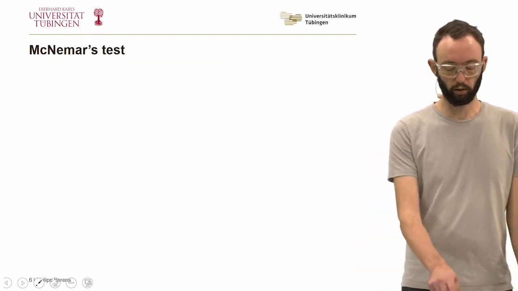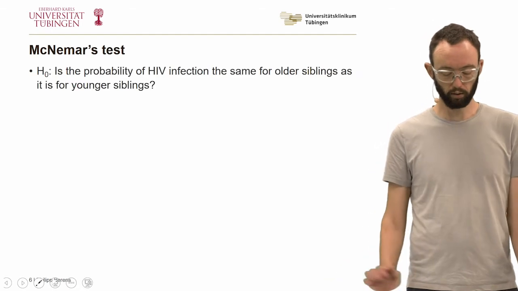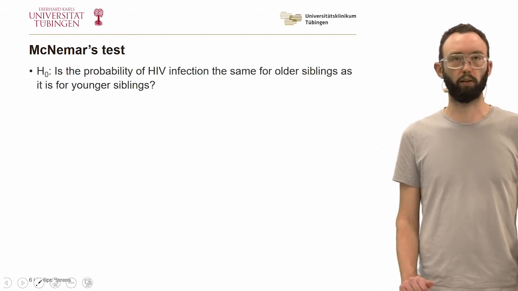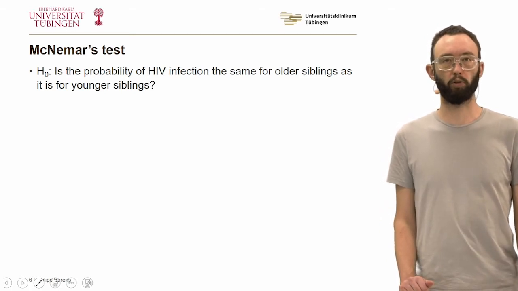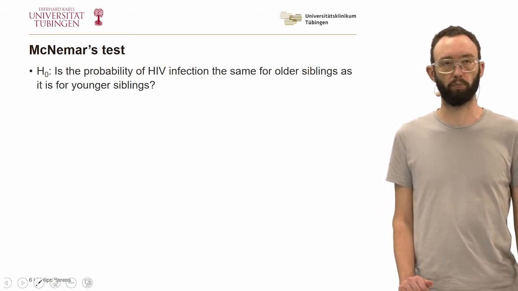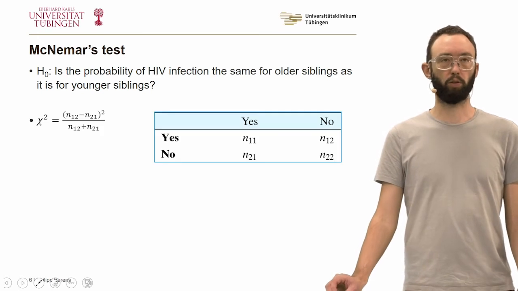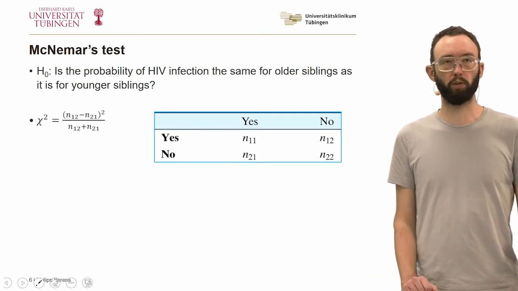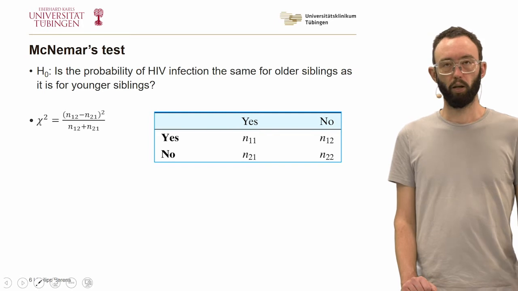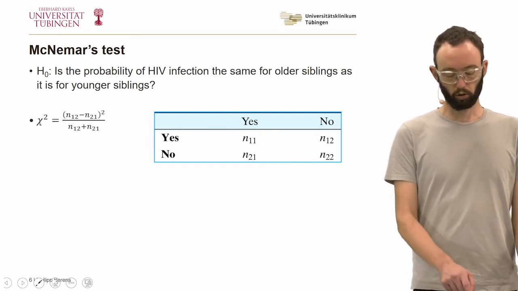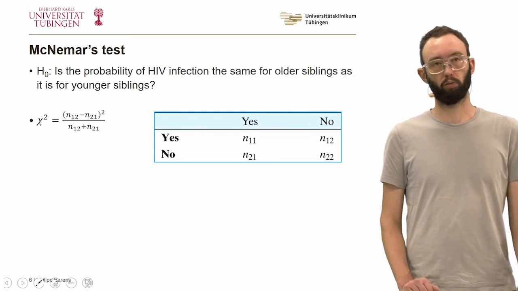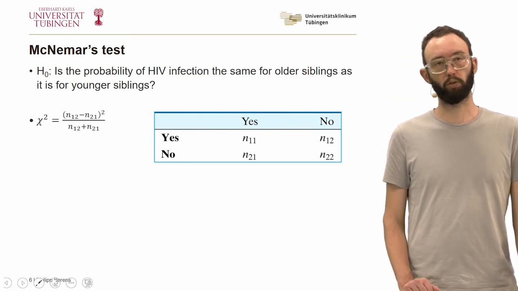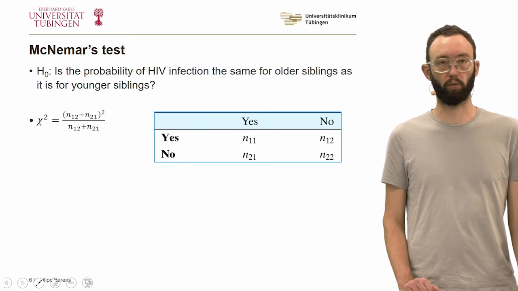To test that question, we use a test called McNemar's test. The null hypothesis of that test is: is the probability of HIV infection the same for older siblings as for younger siblings? If you want to test that question, you also compute something like a chi-square statistic, but after some math, you can show that you actually just need the number of discordant pairs to compute that statistic.